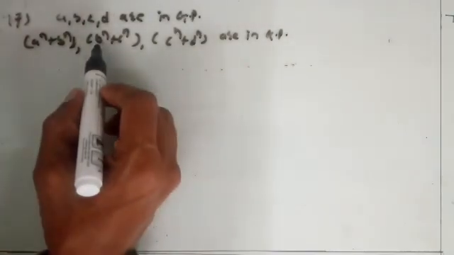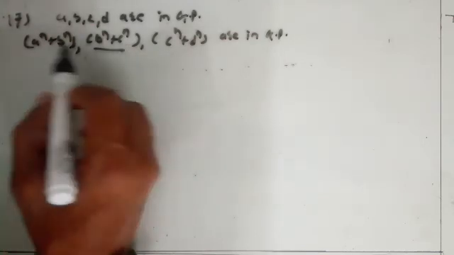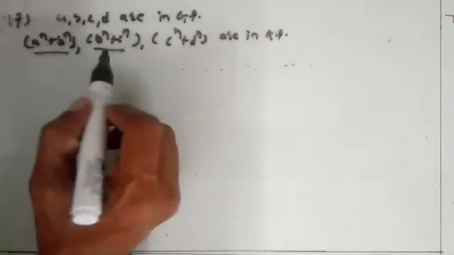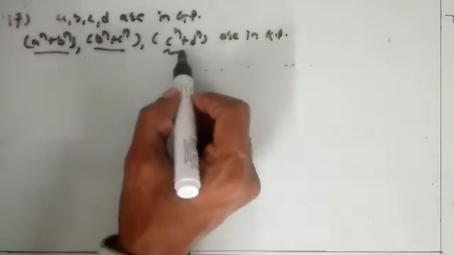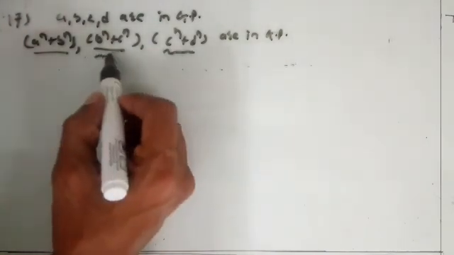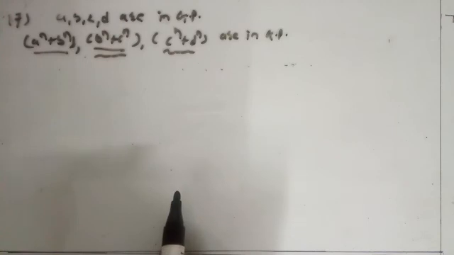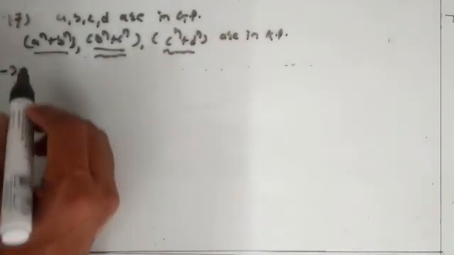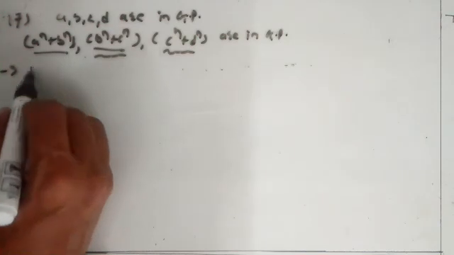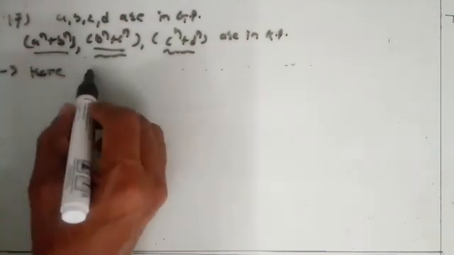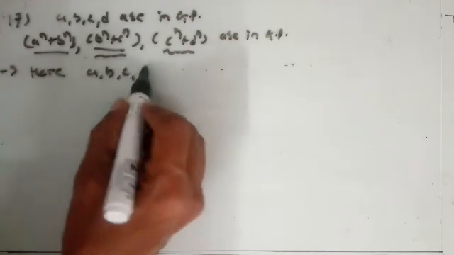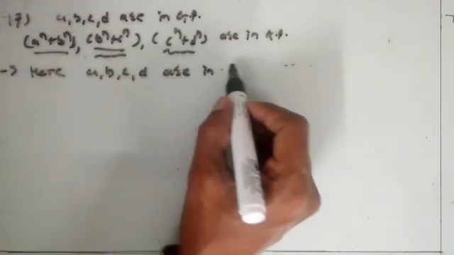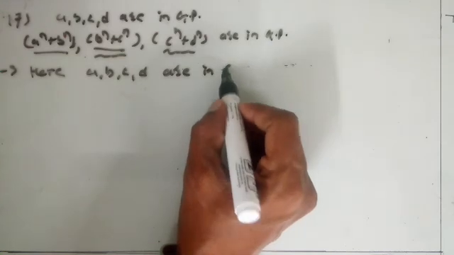That is, we have to show that the ratio of two consecutive terms, b raised to n plus c raised to n upon a raised to n plus b raised to n, is equal to c raised to n plus d raised to n upon b raised to n plus c raised to n. First, given a, b, c, d are in GP.